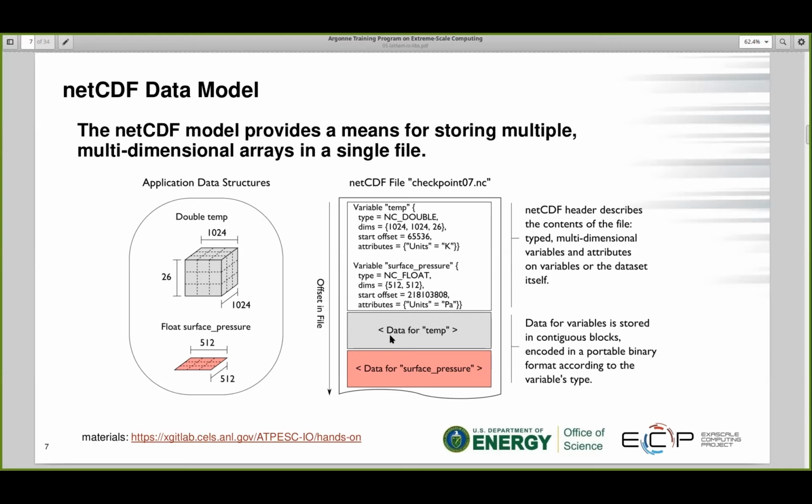So in the middle here, this table shows that the header in NetCDF and ParallelNetCDF will describe, hey, I've got these variables with these properties and these attributes. So we know the units we're dealing with, we know the size, and then as you can see in this figure, a start offset, which is the one place where we talk about specifically where in the file to find these pieces of data.